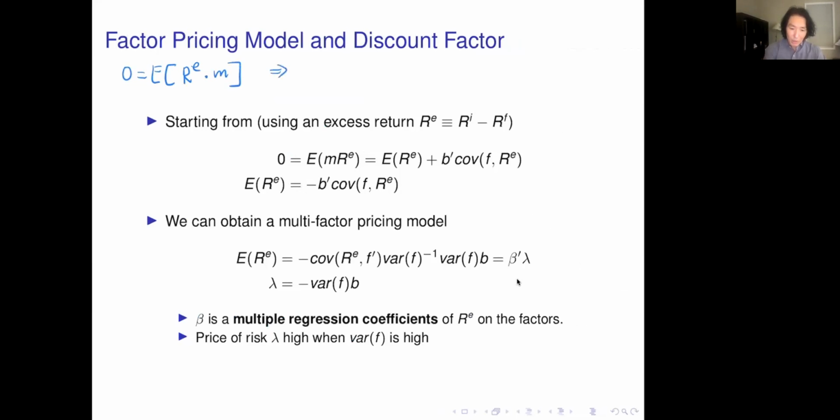Then we can decompose this expectation into the covariance between excess return and M plus the product of the expectations. And we get this by plugging in M equals A plus BF.